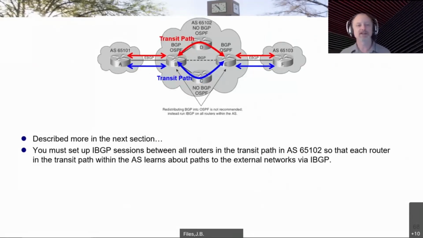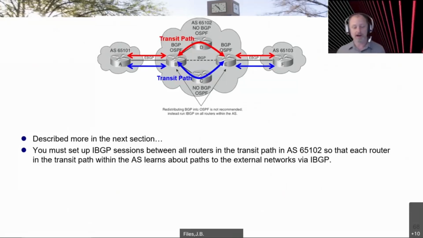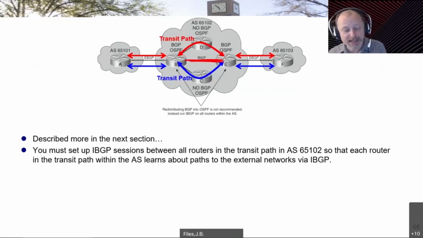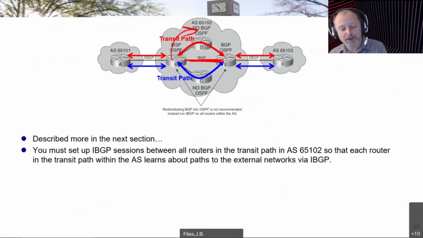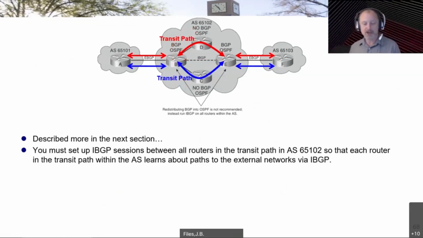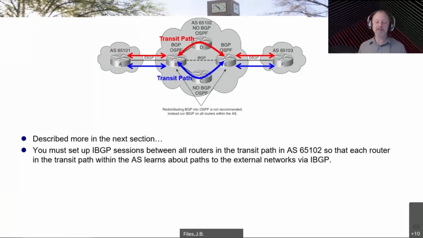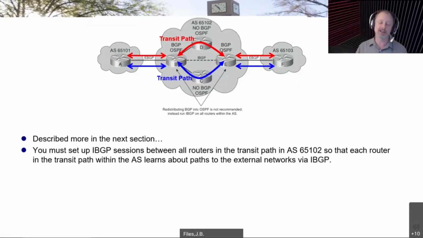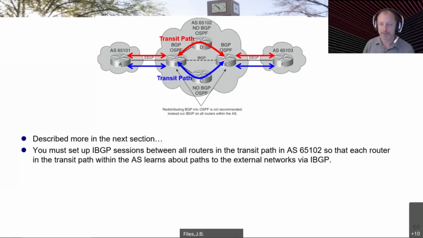So here we can see the BGP transit path. In this example, we have a neighbor relationship between B and E, but no neighbor relationship with D and C. So the transit path is the red arrow or the blue arrow. Even though B and E are not adjacent, they have an iBGP relationship.